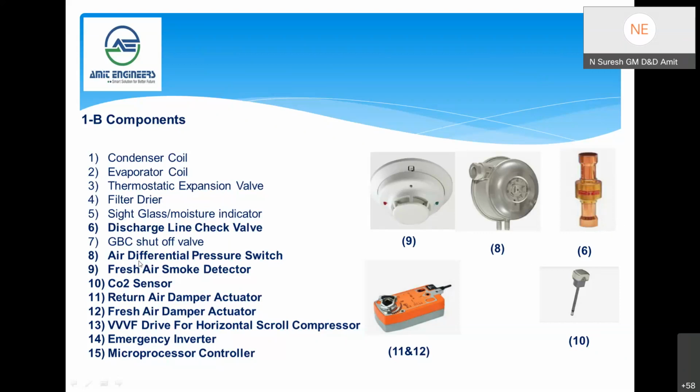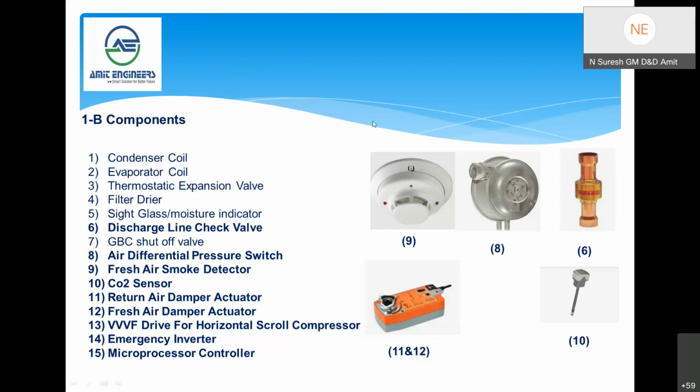And number 8 is the air differential pressure switch. This has been provided to give an indication of a fresh air filter blockage, when it is more than 70 or 80 pascal, so that maintenance staff can clean the filter and we can get proper fresh air as well as better cooling.